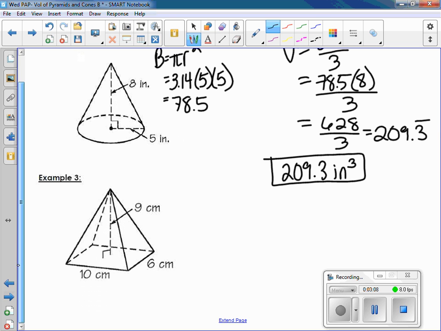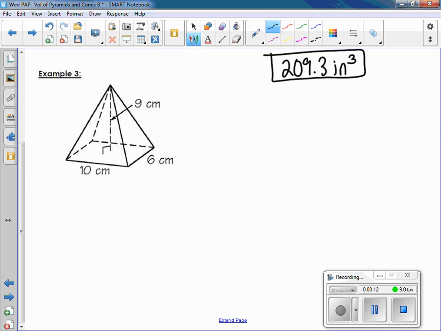All right, so that's how you use the volume of a cone formula. The volume of a pyramid formula is actually the exact same. And again, look at that why video that I posted on Edmodo. This is just the how. So again, we're going to be doing big B times H divided by 3. Big B is going to be base times height.